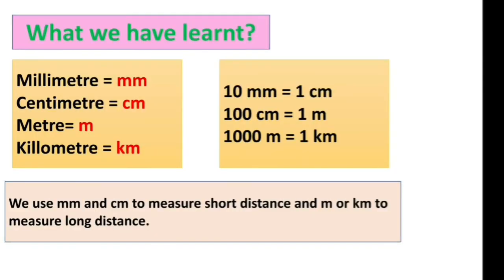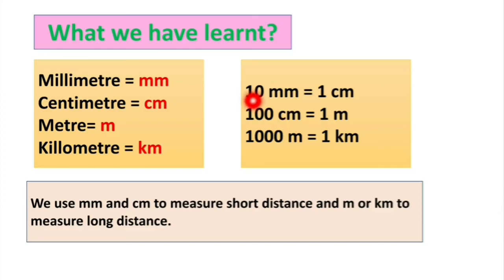So children, what have we learnt? The short form of millimeter is mm. The short form of centimeter is cm. The short form of meter is m. And the short form of kilometer is km.